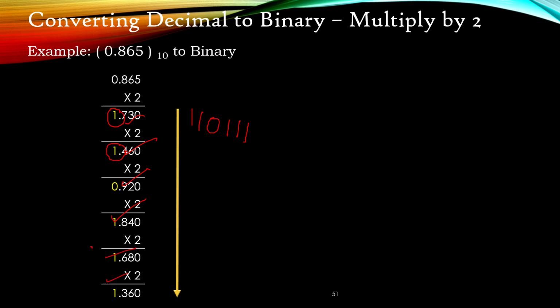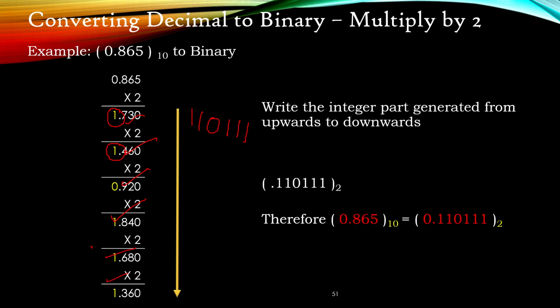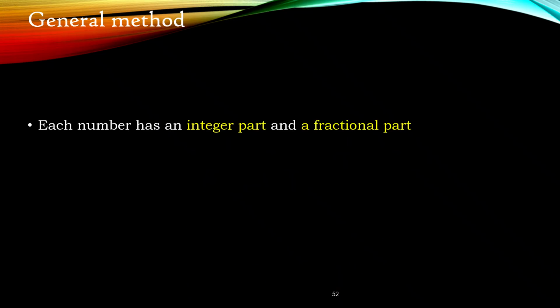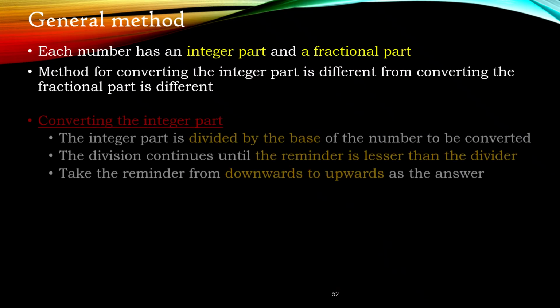These two ones. So the equivalent of 0.865 will be 0.110111 to the base 2. So this is for the decimal to binary conversion of the decimal part, right? So this is again the rule.